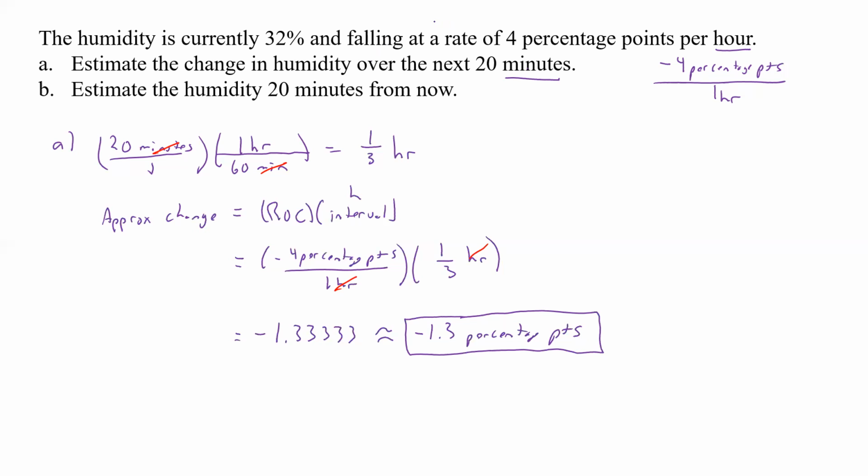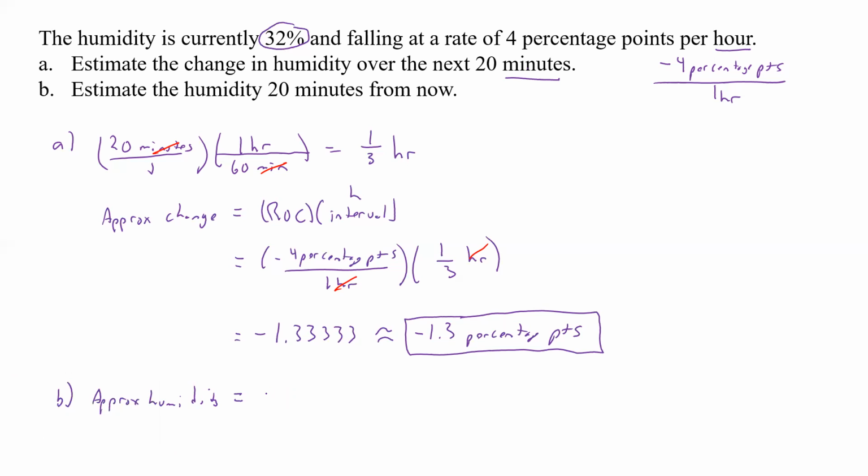Okay. All right, so now for part B, it says estimate the humidity 20 minutes from now. Well, that's going to be basically our approximate humidity is going to equal our initial, because we have to have something, and then we're going to add to that our change. Maybe we should write it in word form so we know what we're plugging in first.